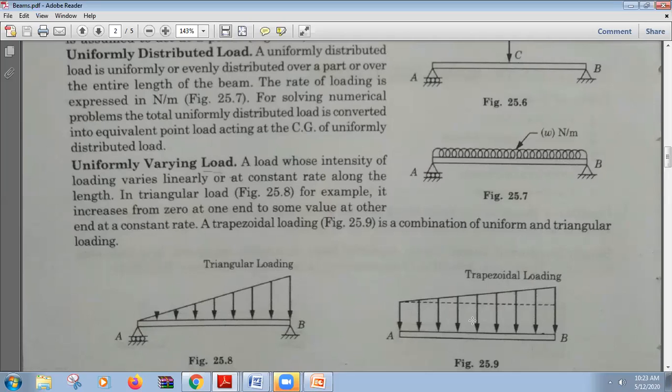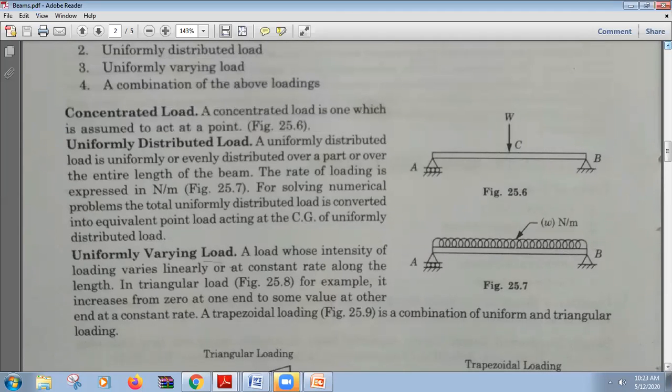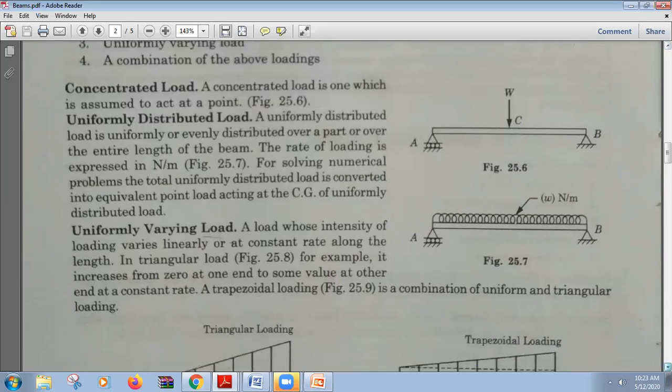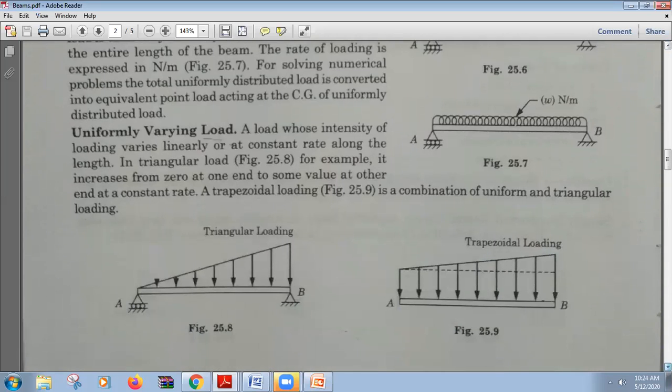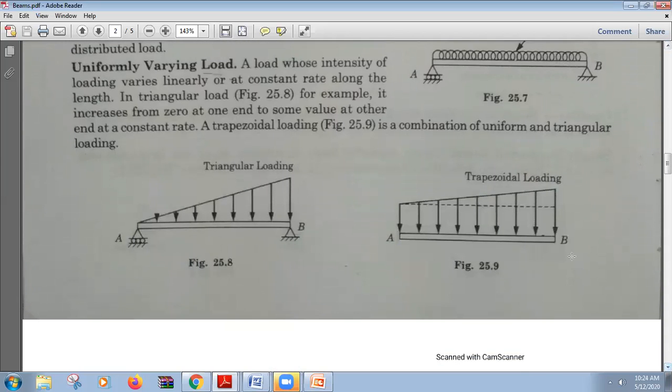Now this is a combination of uniformly varying load plus uniformly distributed load. So a combination of above loadings. So in fourth, we will see a combination of uniformly distributed load plus uniformly varying load. We can see at point A it is already loaded.